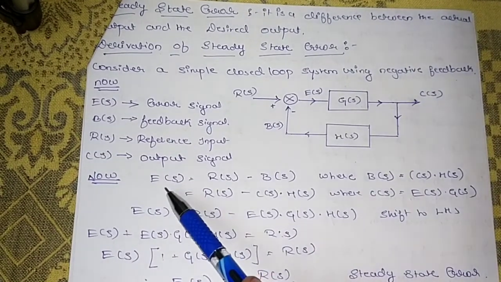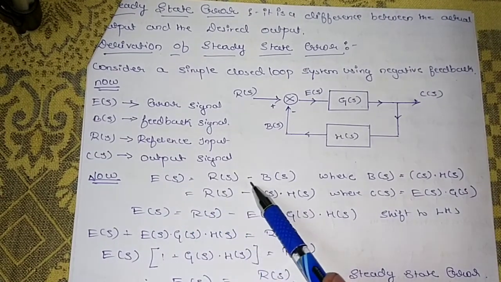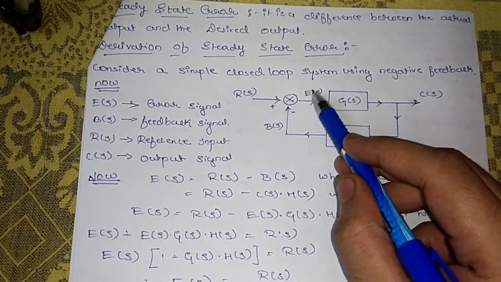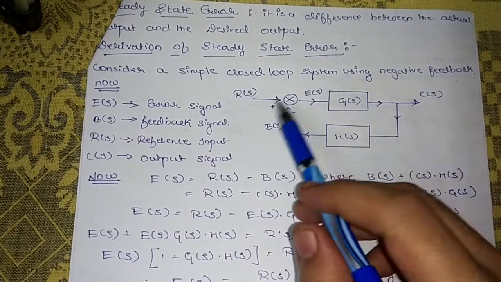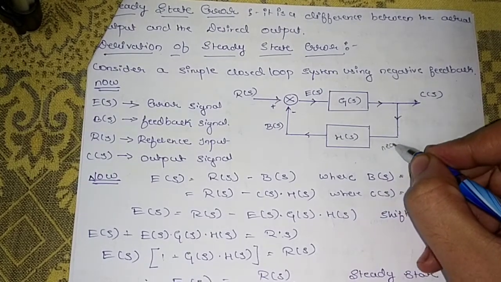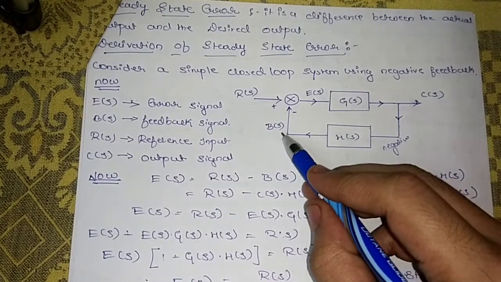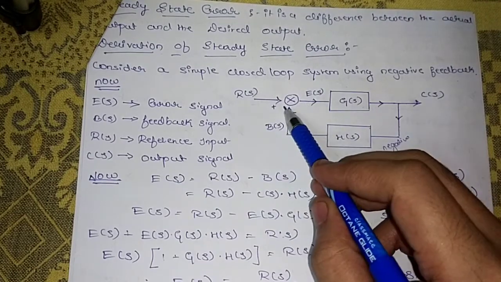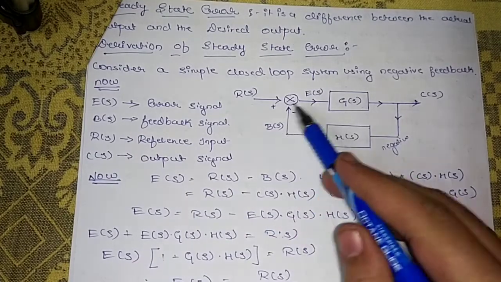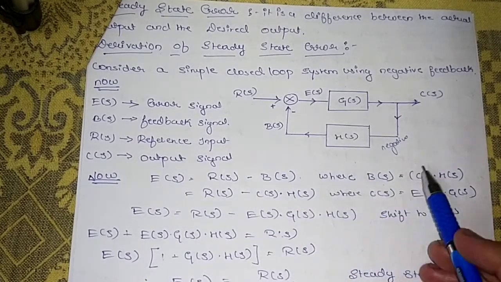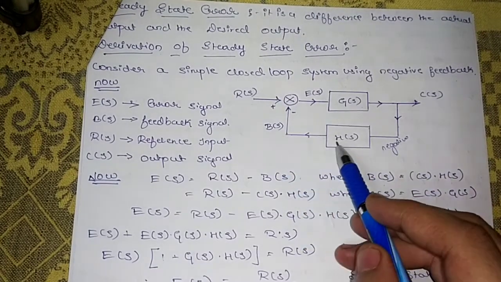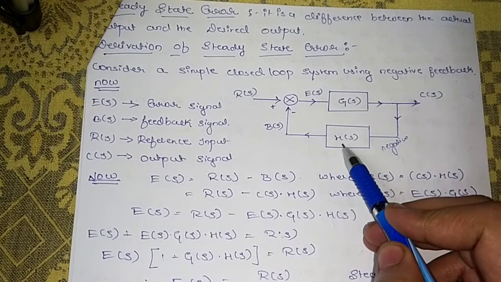Now see, E(S) is equal to R(S) minus B(S). How? In this part we have E(S). The reference R(S) comes in plus, and B(S) is the negative feedback, which means minus B(S). So E(S) is equal to R(S) minus B(S), where B(S) is nothing but C(S) multiplied by H(S). How? B(S) is the output of this feedback block, so C(S) into H(S).